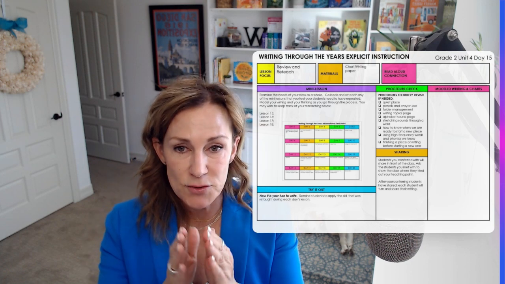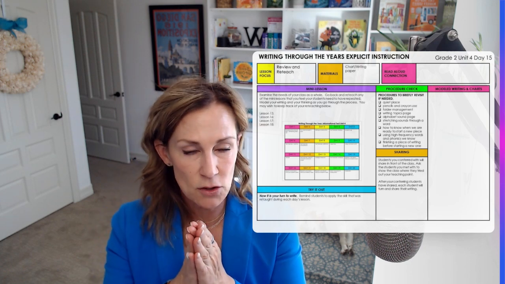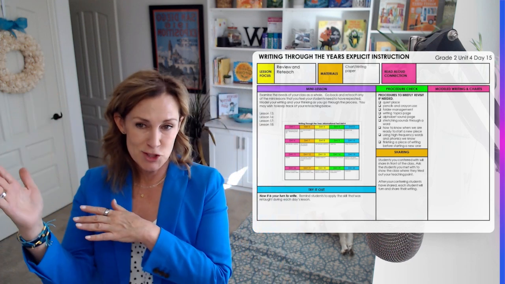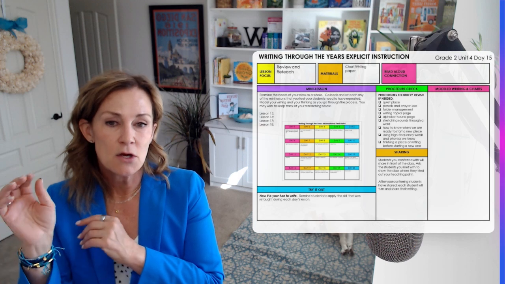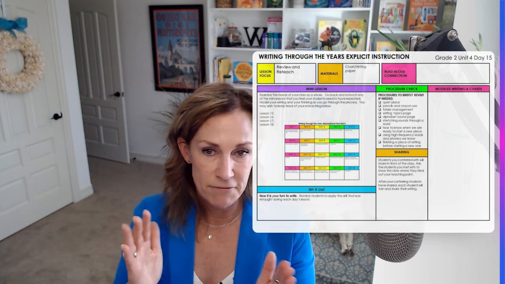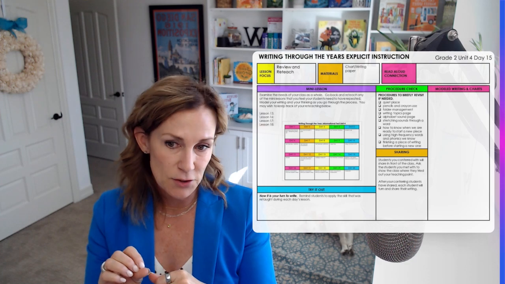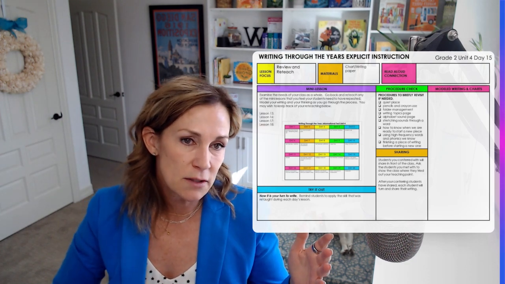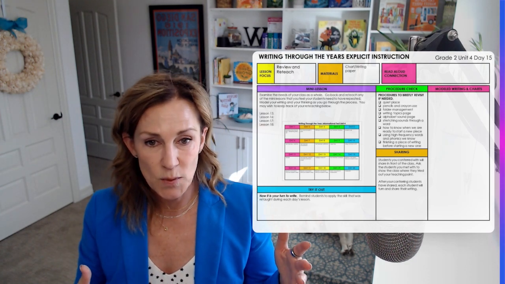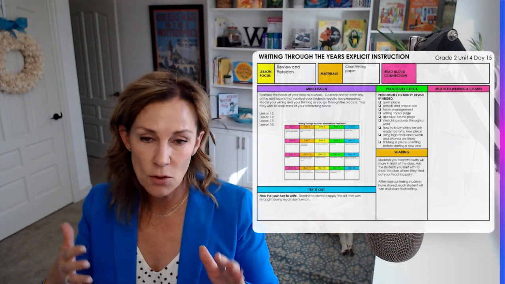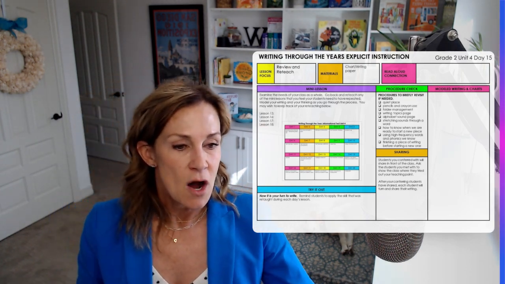You may decide you need to reteach something from this particular unit, or maybe something from Unit 2 or Unit 3. So make sure that you know that you can be flexible and go back and reteach a lesson if you need to from previous units. Maybe Unit 4 is, instead of 20 days, it's 21 days. Maybe you just need a little bit more time on that. So make sure you feel comfortable doing that.